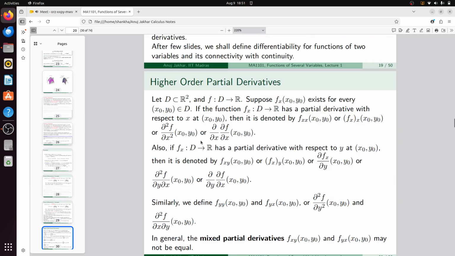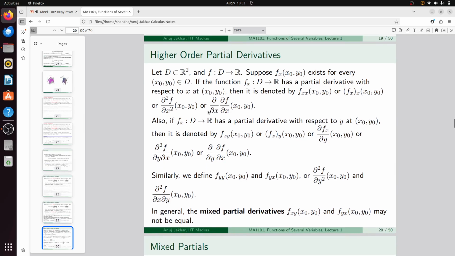Now higher order partial derivatives. Let D be a subset of R2, and f from D to R. The concept is the same. You first take the derivative with respect to x, then this function del f del x you take as another function g, and then you define the partial derivatives on and on.